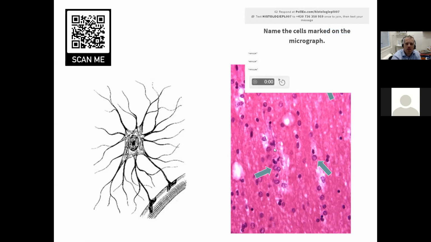And we could be even more specific if you consider what type of tissue are we looking at. It's nerve tissue, obviously, but is that gray matter or white matter? And somebody said it's fibrous or fibrillar astrocyte. That's correct, because how do we know? Because this is obviously white matter.